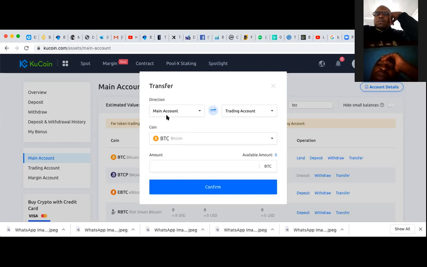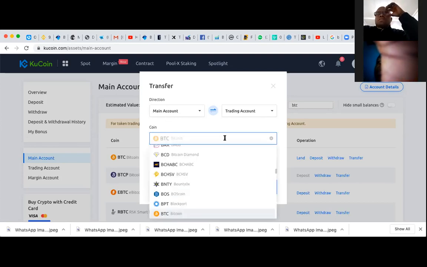So when you're transferring from main account, what are you transferring? Is it Bitcoin? Is it any other coin? Maybe you have made profit and you just want to reserve like 100 or 200 of the coin you are holding.